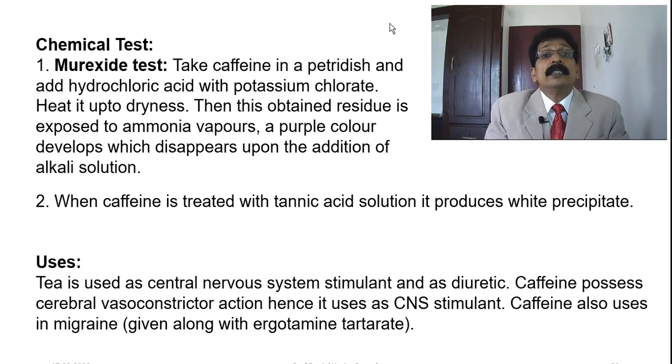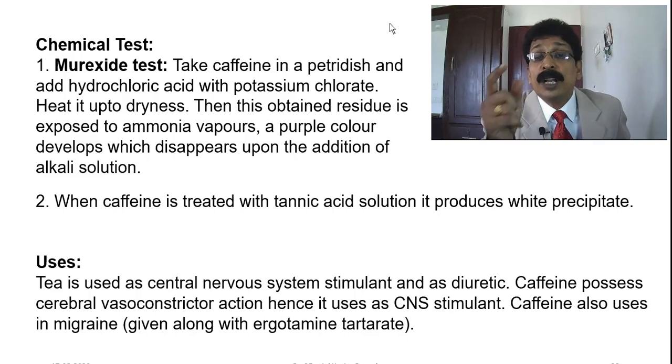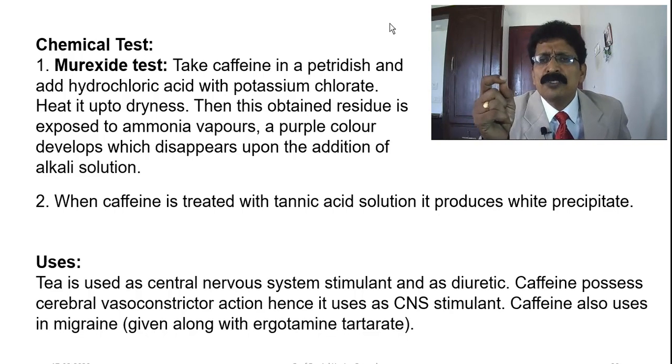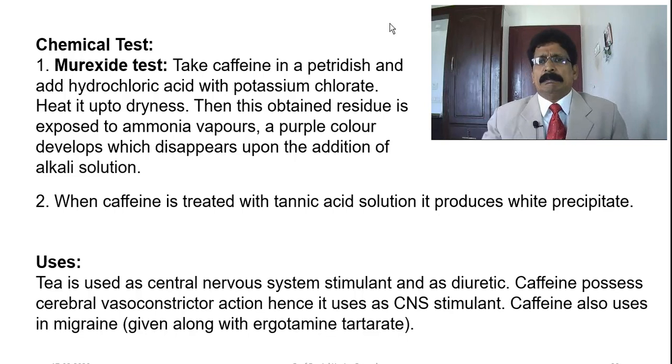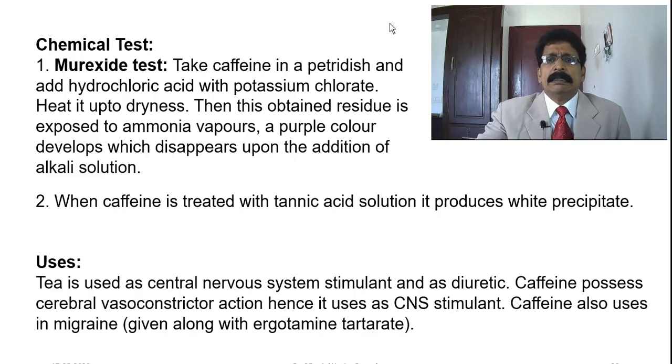Take caffeine in a petri dish and add hydrochloric acid with potassium chlorate. Potassium chlorate is a very rare chemical. If it's not available nowadays, we used to use potassium chloride, but potassium chloride will not work out. You need potassium chlorate and heat it up to dryness. Make it dry. The residue should be dried by keeping it in the water bath.